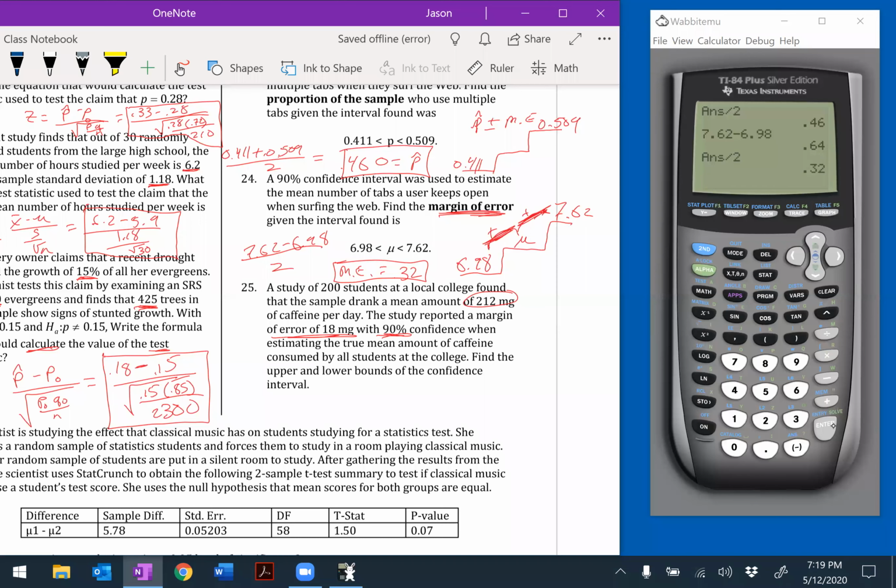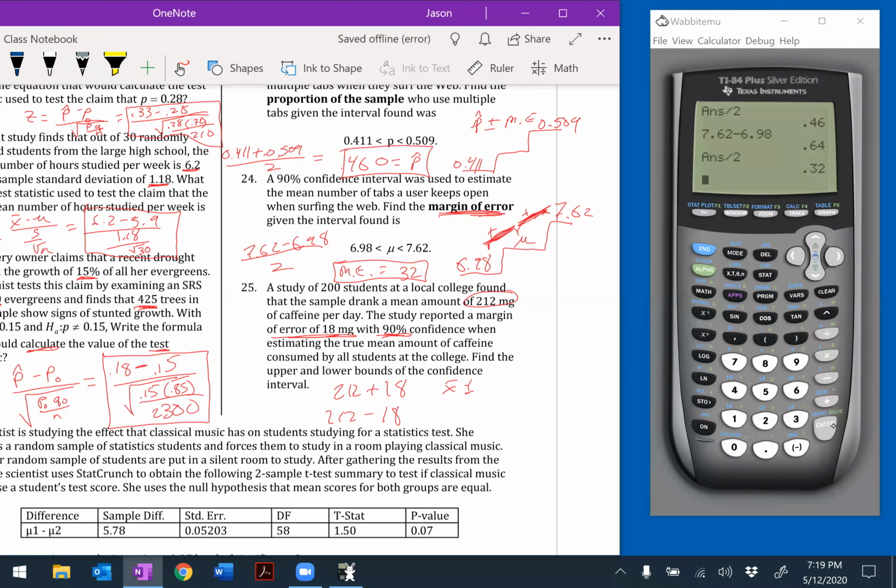So this would just be 212 plus the margin of error and 212 minus the margin of error. It's going to be X bar plus and minus the margin of error. What's the margin of error in this case?